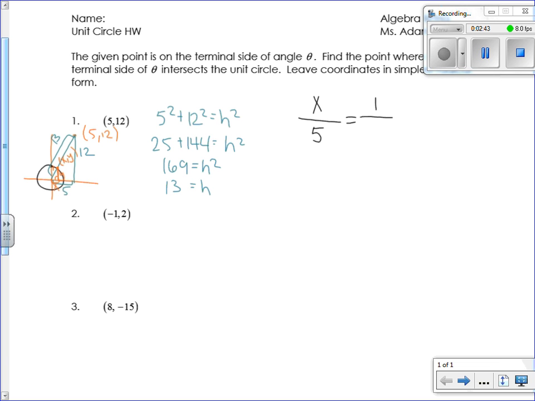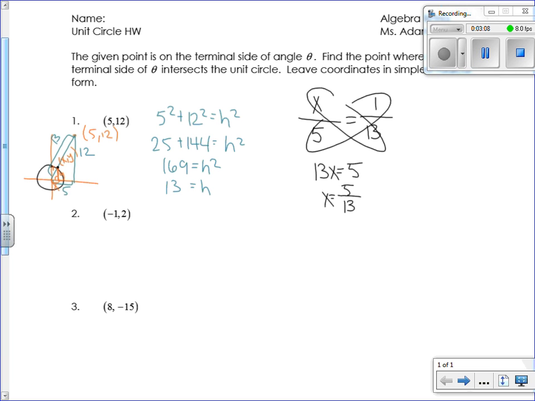The hypotenuse of the big triangle is 13. Then we can just cross multiply, and you get 13x is equal to 5, or x is equal to 5/13.